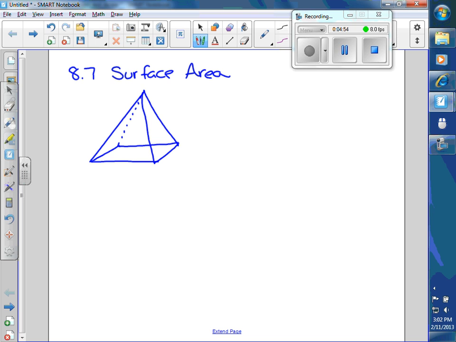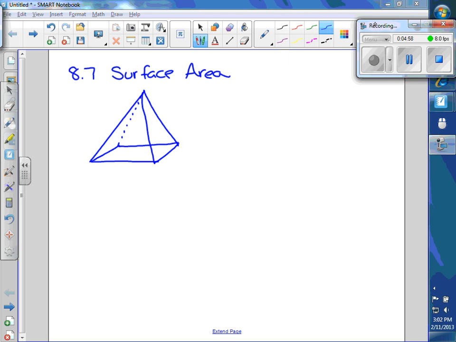Just to keep you thinking about some things that you need. To do surface area, you would need the altitude of a triangle. They'd have to show that at a right angle. And you would need dimensions.